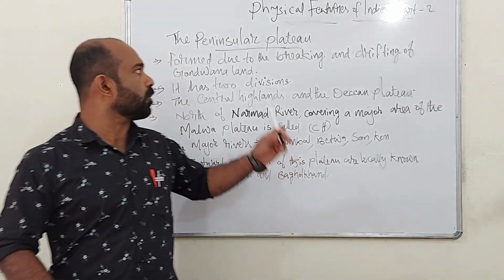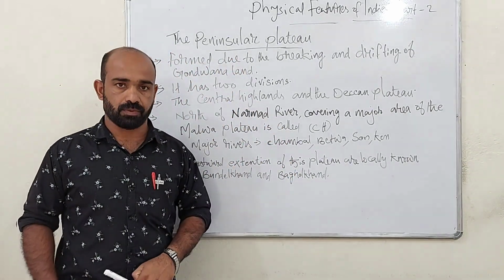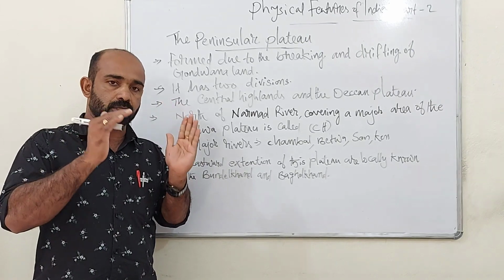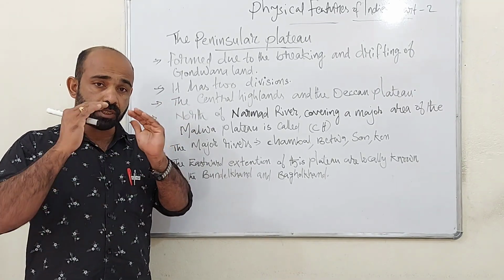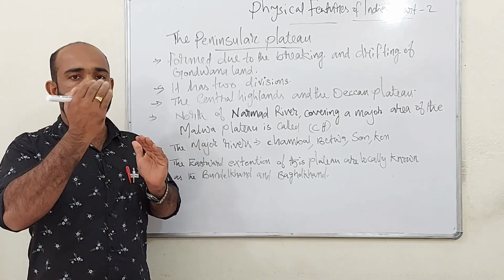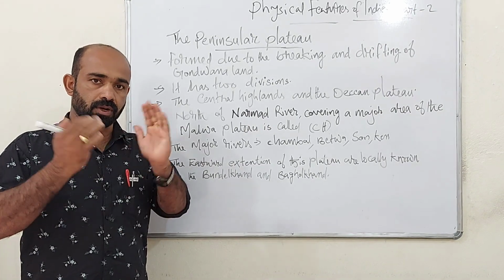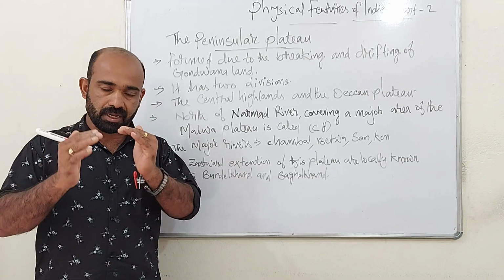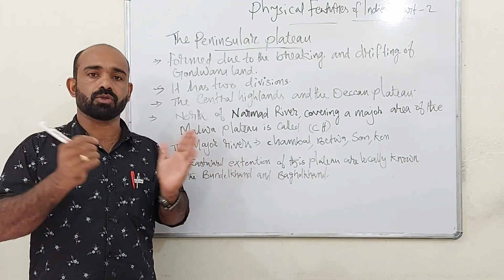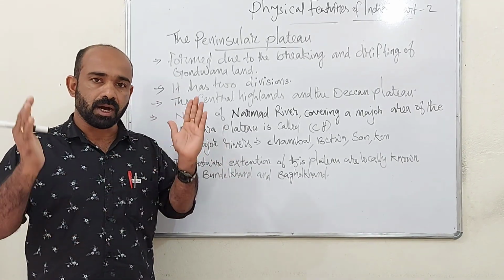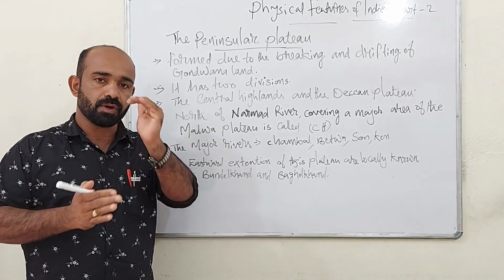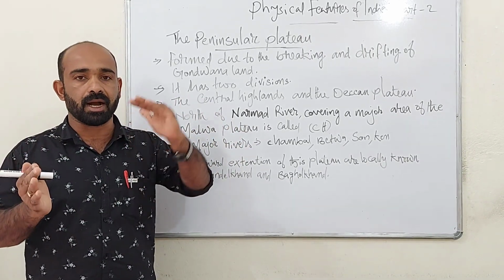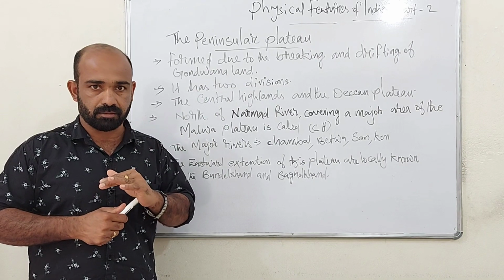Now let us study the topic, the peninsular plateau. This peninsular plateau is formed due to the breaking and drifting of Gondwana land. Already we have studied in the class regarding Pangaea and the ocean Panthalassa, and also how continents are formed and the movement of the Indo-Australian plate and collision with the Eurasian plate.